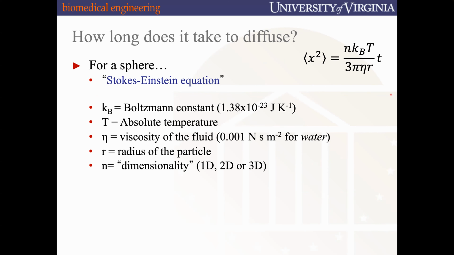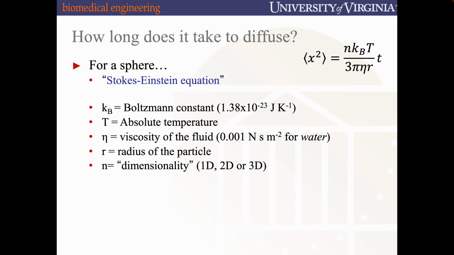This equation is known as the Stokes-Einstein equation, developed by Stokes and Einstein. Einstein is the famous Albert Einstein, and this was actually his graduate thesis work. Everybody hopes their graduate thesis work will be as memorable and have as big a contribution as theirs, but we can't all be Einstein, I suppose.